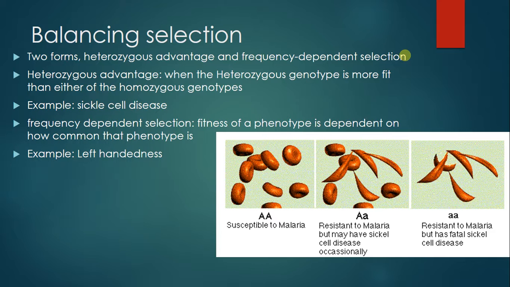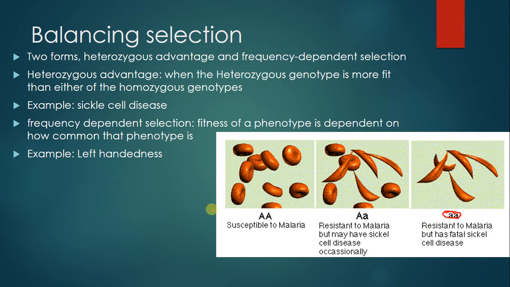Heterozygous advantage is when the heterozygous genotype is more fit than either homozygous genotype. An example is sickle cell disease. Sickle cell disease is a recessive disorder, and those who are homozygous recessive suffer severe, fatal sickle cell attacks. But the sickle cell shape prevents an infection from a malaria-inducing parasite.